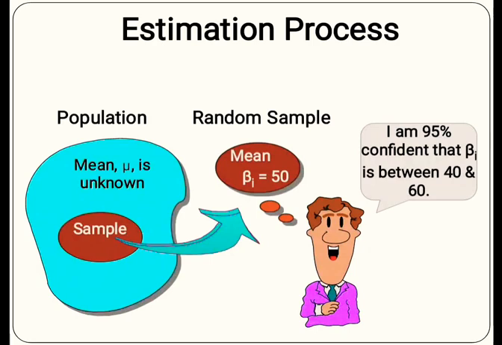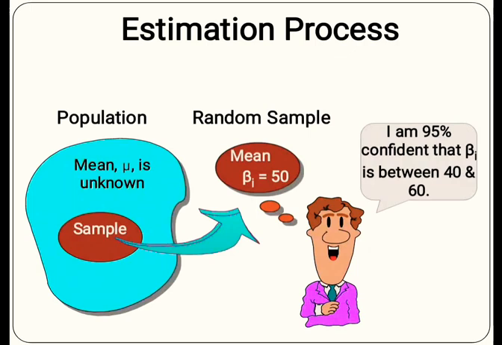The green color represents the total population, where we see that the mean mu is unknown, and the standard error is unknown. We have taken a sample and estimated the beta 1 value, that is 50, from the random sample, and then we calculated the confidence interval, and then we say that I am 95% confident that the beta 1 lies between 40 and 60.